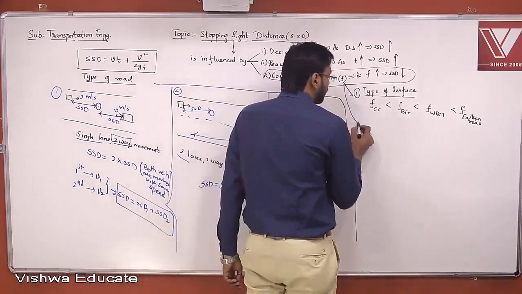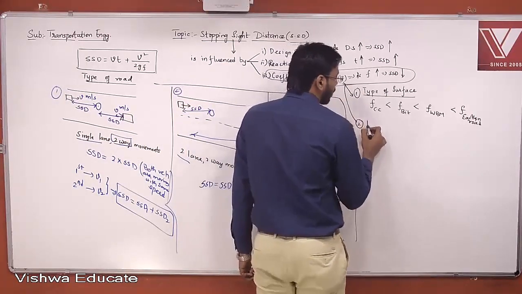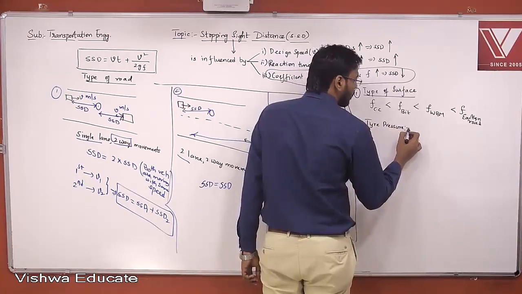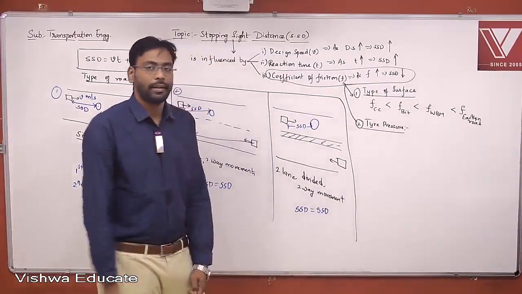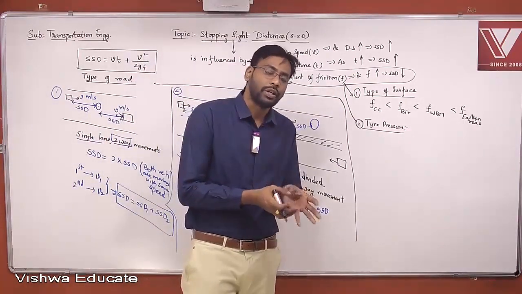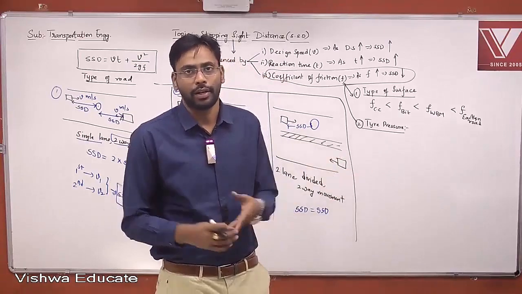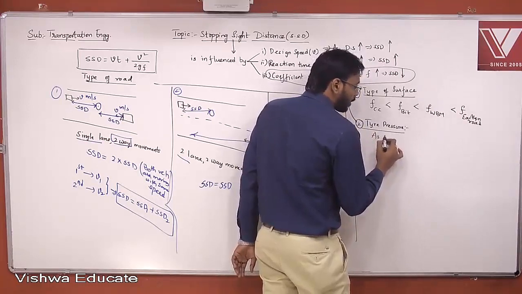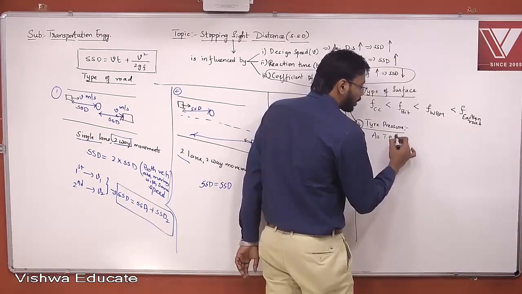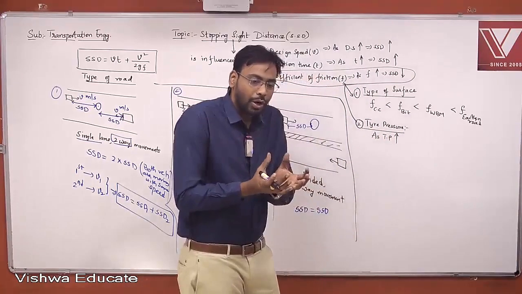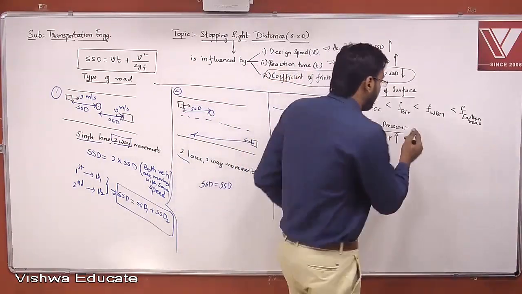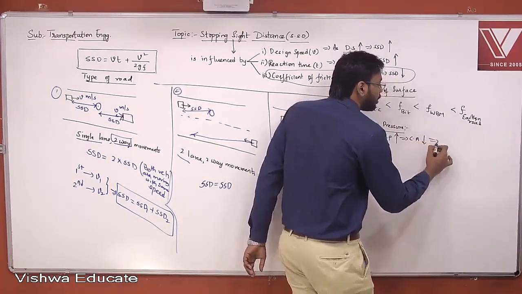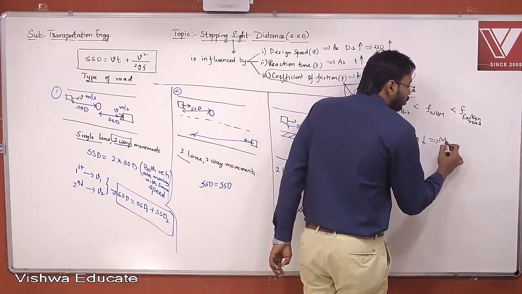Now the second element is tire pressure. Tire pressure means the pressure inside the tire. Now what happens? As the tire pressure increases, the contact area will be lesser, which means it will be easy to move.